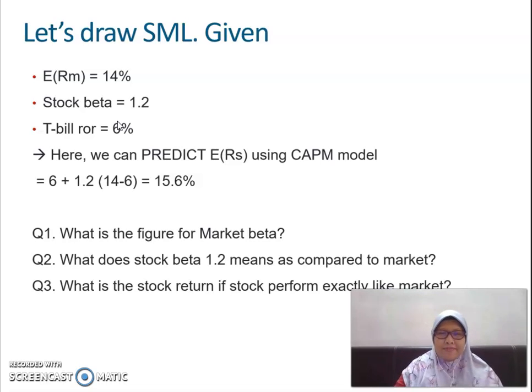Now question, what is the figure for market beta? 1.2? Wrong. Market beta is 1. Now, what does stock beta 1.2 mean as compared to the market?